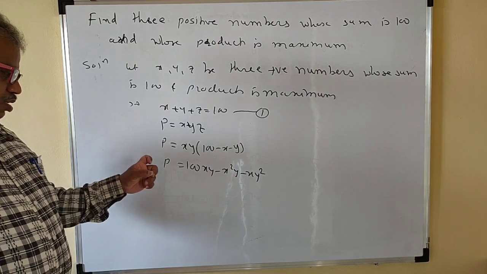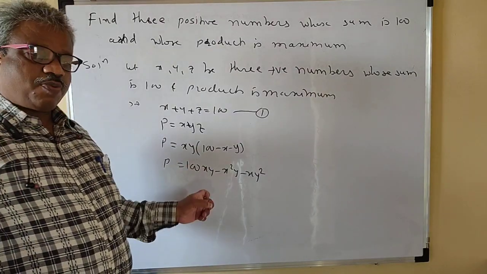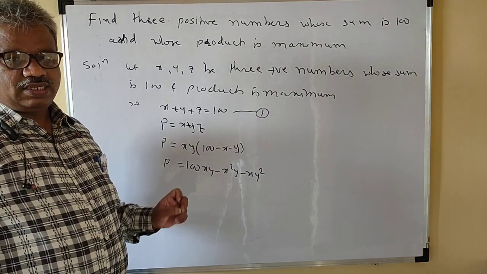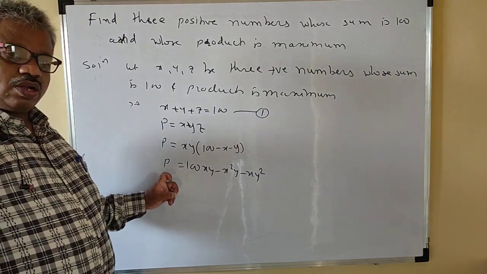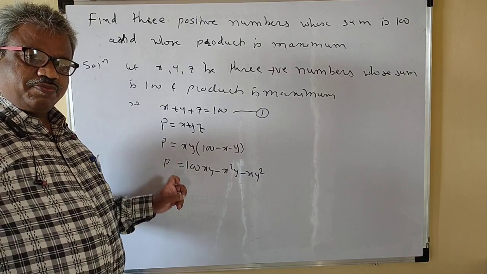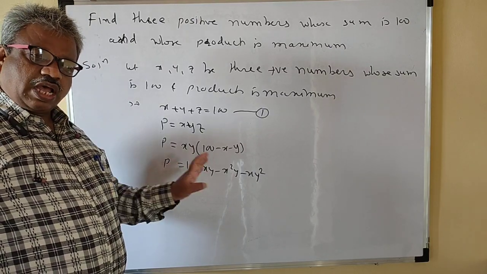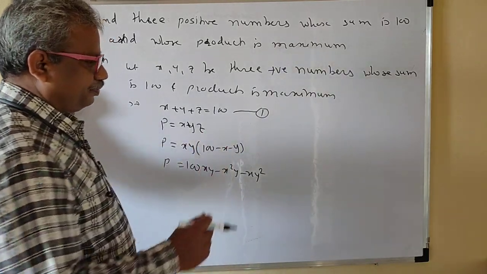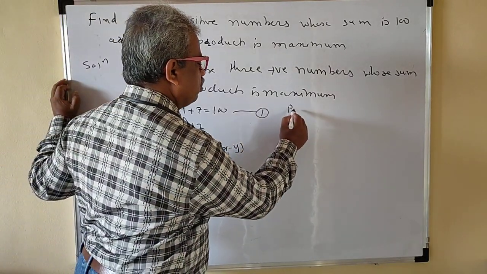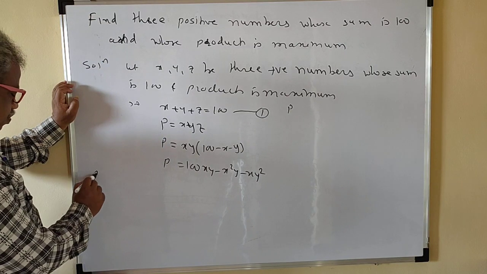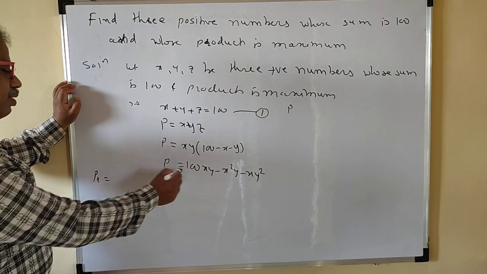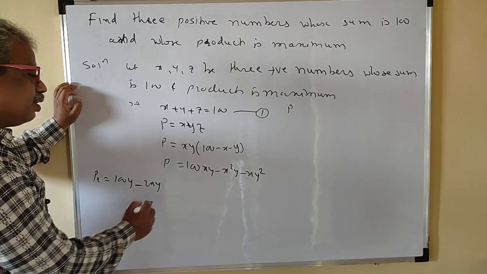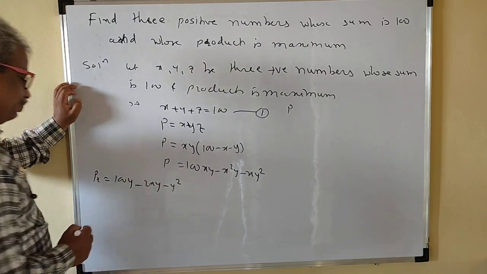Now what you have to do, you have to maximize P. That means what? You have to find a stationary point such way that your delta is positive and a is negative, right? So that means what? We'll find Px, we'll find Py, and we'll equate to 0, and we'll find the values of x and y, okay. So now Px is then 100y minus twice xy minus y square, okay.